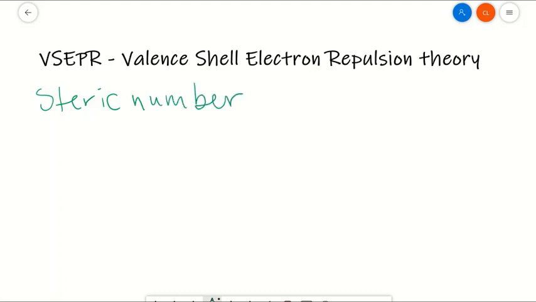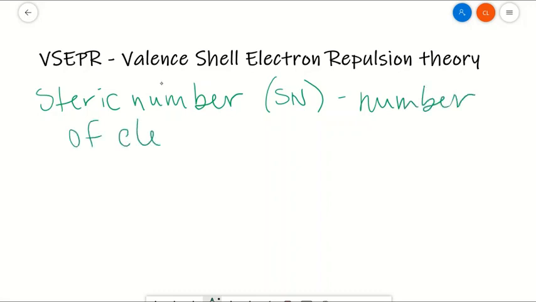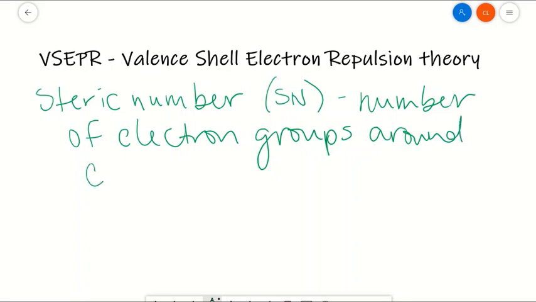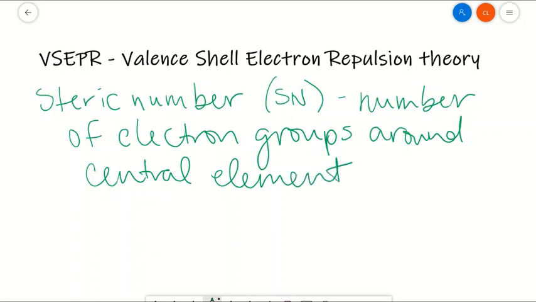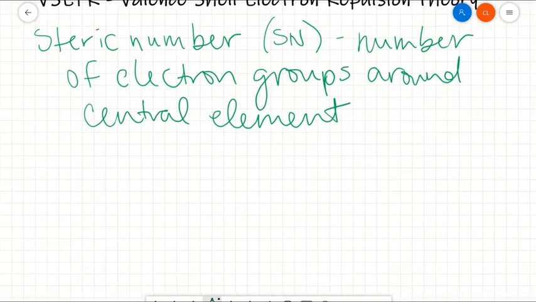So just a few designations. Here you'll see SN, or steric number, and that's the number of electron groups around a central element. So an electron group is going to be defined as either a lone pair or a bonding pair.